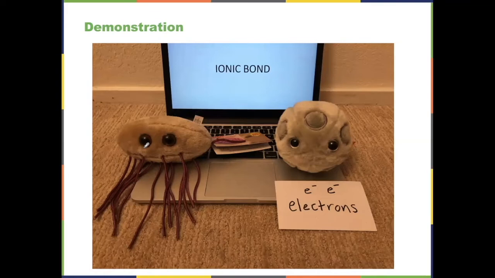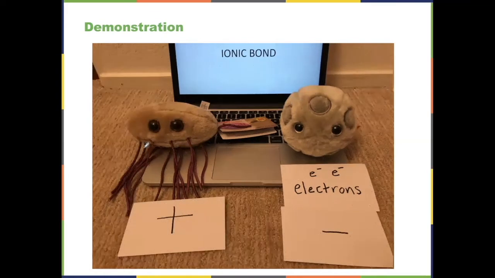Because this atom lost electrons, it lost a negative charge, it became positive. This atom, when it gained electrons, became a little negative. So we formed a positive ion and a negative ion, and the fact that plus and minus are attracted to each other means that these two are now bonded together, and that is the basis of the ionic bond.